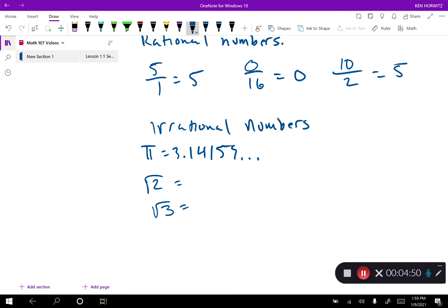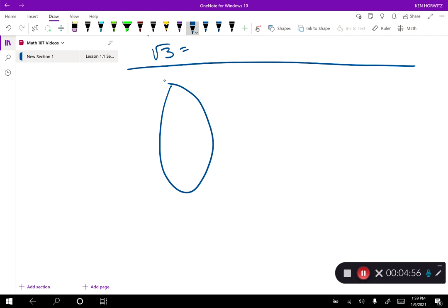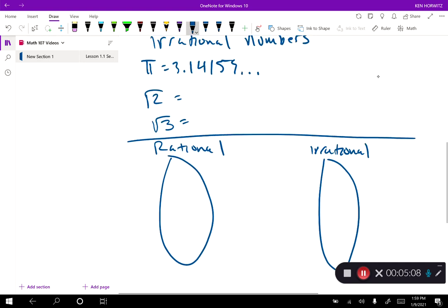numbers, all right? And basically what we say is that we take the set of rational numbers and the set of irrational numbers. Now notice the irrational numbers do not include any of our previous sets.